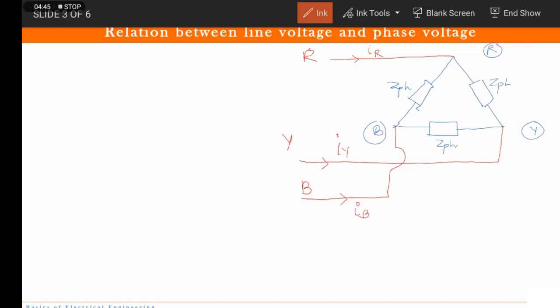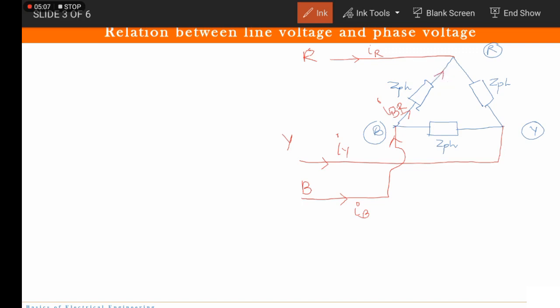Now see, this is B phase. So here the current goes like this. This current will be IBR because it is starting from B and reaching R. So this current is IBR.